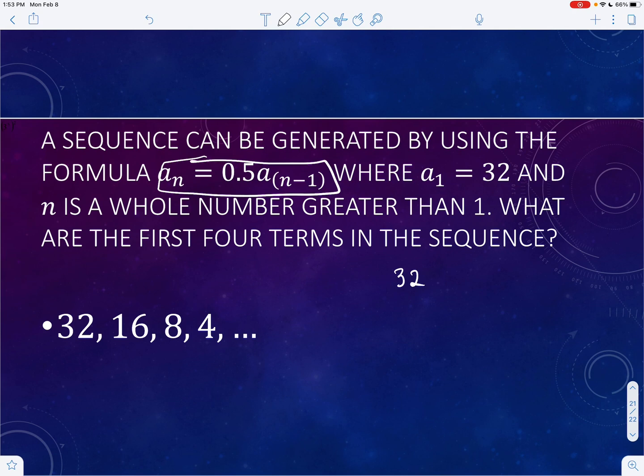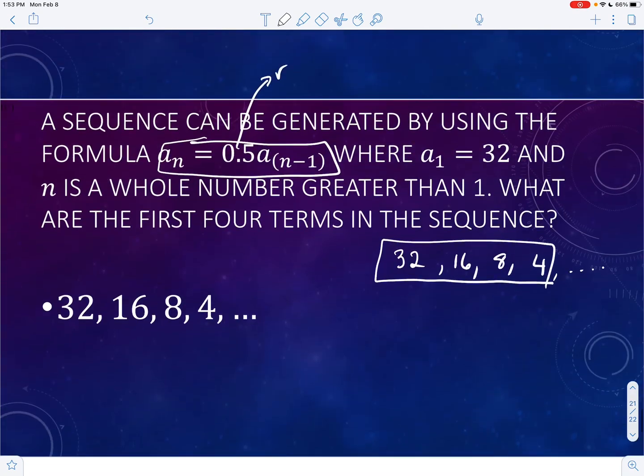So we need to take 32 and multiply it by this common ratio of 0.5 to get our next term. So 32 times 0.5, or a half of 32, is 16. And a half of 16 is 8, and a half of 8 is 4. So our first 4 terms in this sequence are 32, 16, 8, and 4.